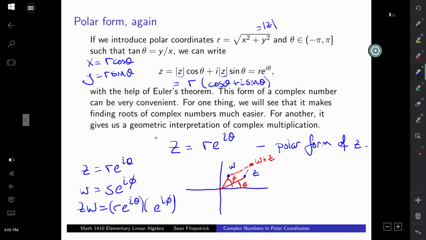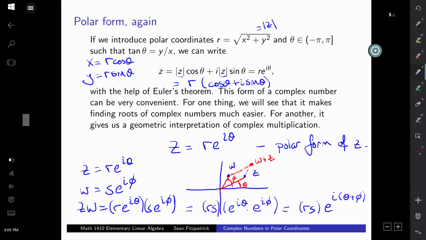Sorry, that should be an s. So I should put the r and the s together, and I should put the angles together. So let's write this as r times s, and then e to the i theta times e to the i phi, and we just proved that laws of exponents work the way we expect them to here. So this is r times s, and then e to the i (theta plus phi).